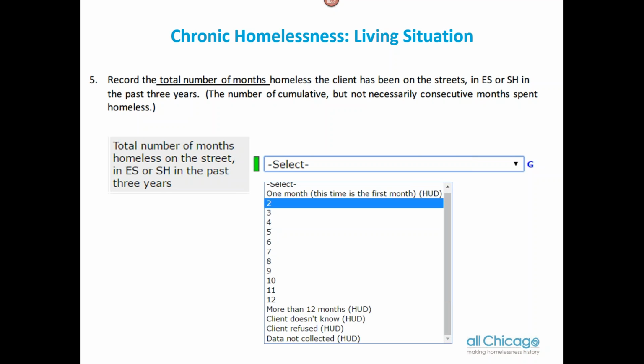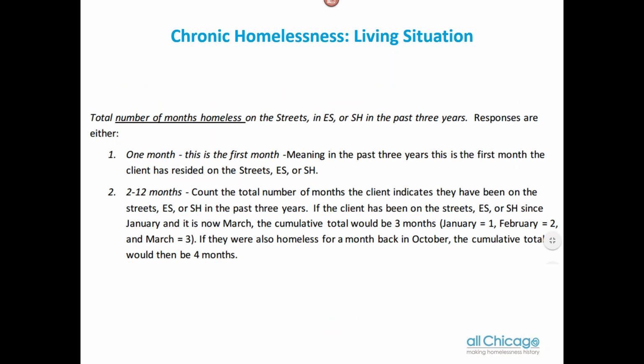So with this, we are actually looking to add these up so that they are cumulative and not so much consecutive. And the next slide here will show us a little bit more about how to think about these numbers. So for 1 month, again, that means in the past 3 years, this is the first month that the client has been in a homeless situation or on the streets in emergency shelter or safe haven.